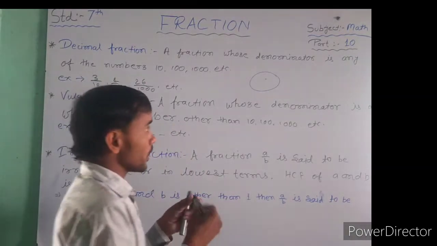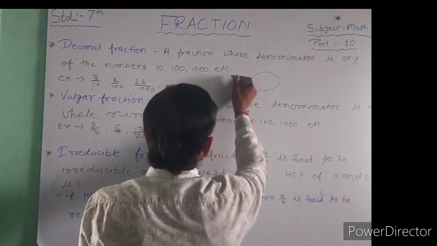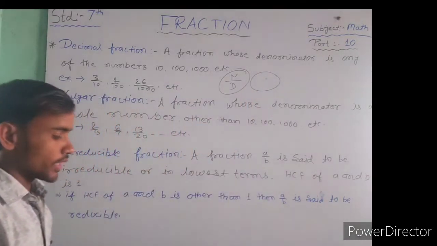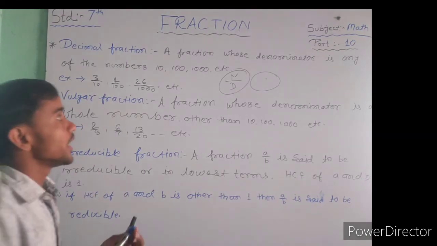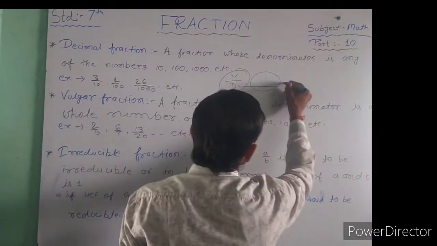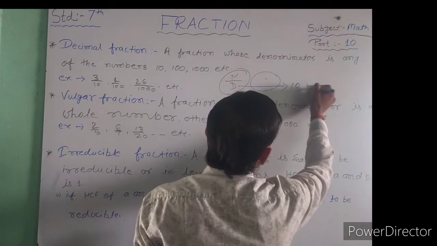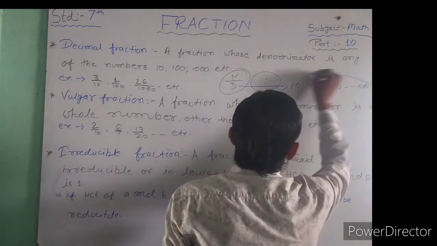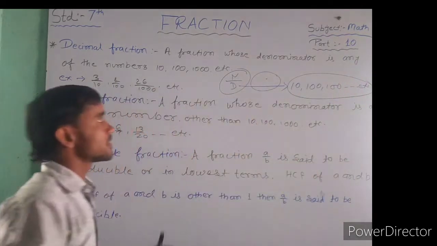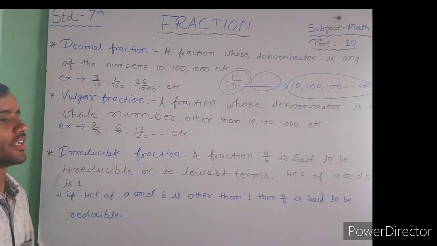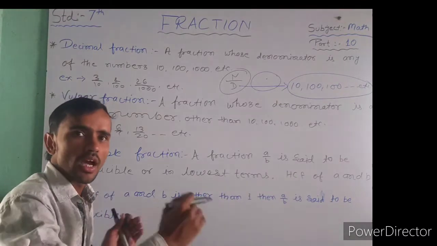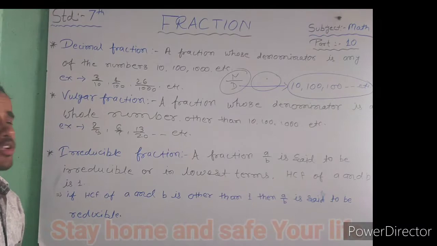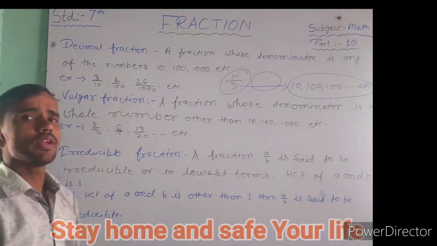You know a fraction has a numerator and a denominator. So if a fraction's denominator is 10, 100, 1000, 10,000, which means a 1 followed by zeros, that is called a decimal fraction.